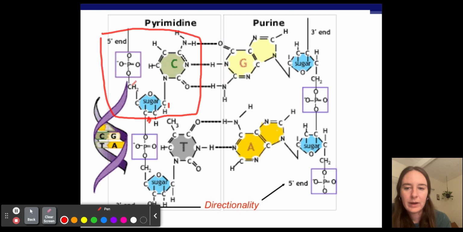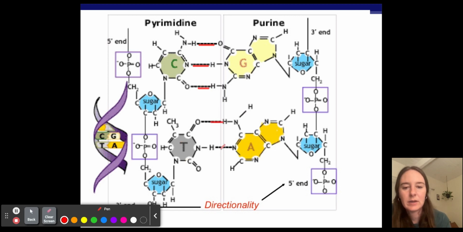Carbon 4, carbon 5, and then there's like a little chimney, the phosphate group. Notice here that the purine and the pyrimidine, C's and G's, are connected by 3 hydrogen bonds, whereas here we have a thymine and an adenine. T's and A's are connected by 2 hydrogen bonds, so that's something important to remember.